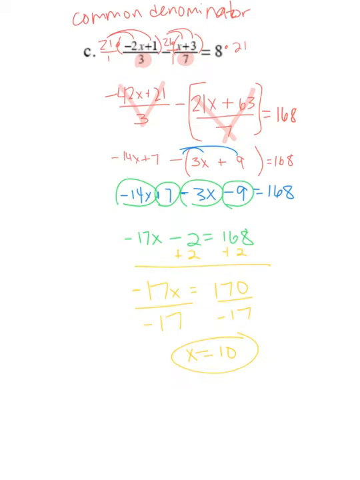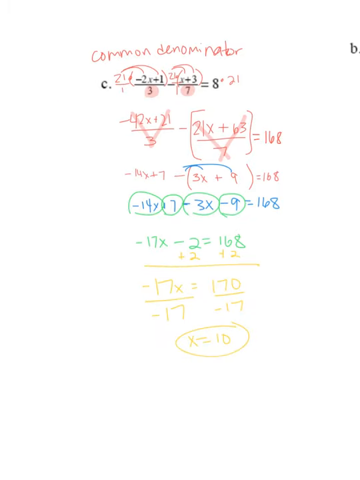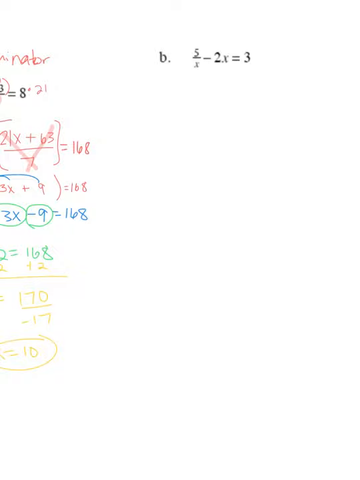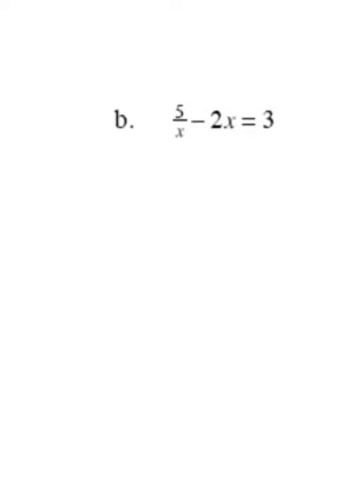And you can check your answer by plugging it back in as the x. One more fraction buster. There's no need to get a common denominator here. There's only one denominator to the fraction, and it's in x. So what we need to do is multiply every term of the equation by x.